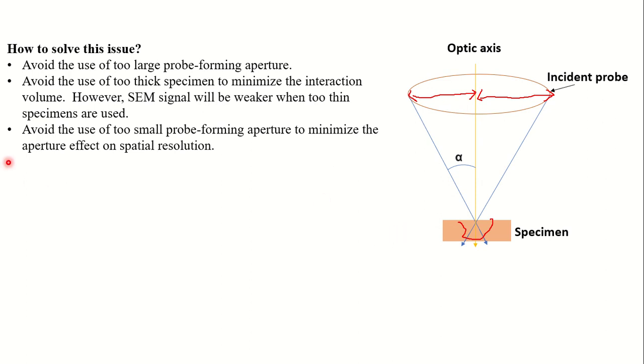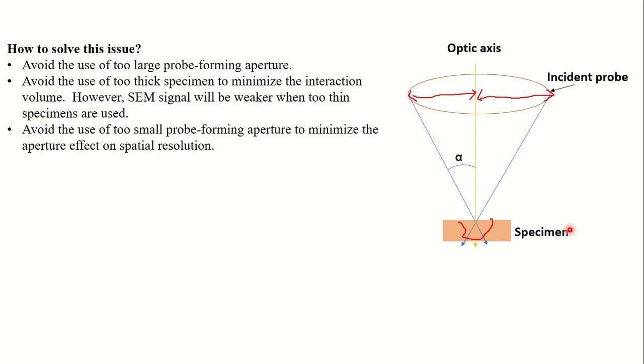The third point is to avoid the use of too small a probe forming aperture, to minimize the aperture effect on the spatial resolution. We should avoid this condition so that we can get a better secondary electron image.